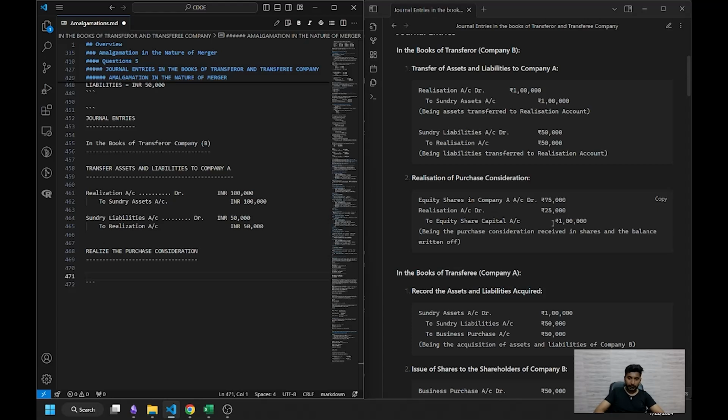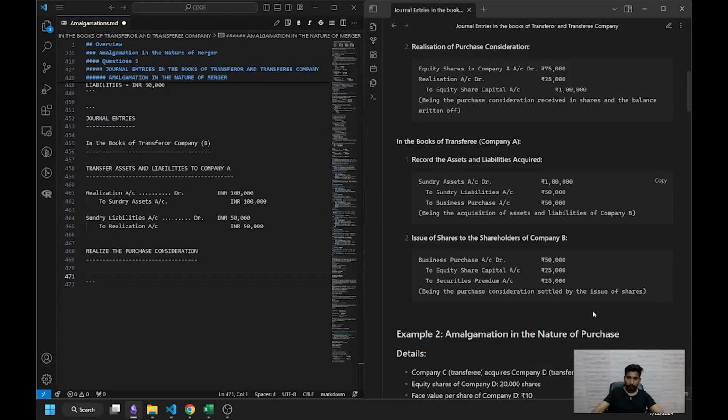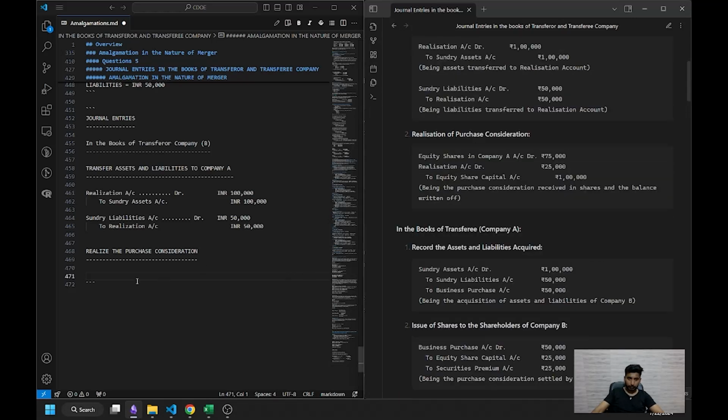Since the company has to issue one for two and the amount is rupees 15 per share, that means if we look at the question, the company A will issue 5,000 shares. And these 5,000 shares will be costing rupees 75,000. Let me break it down for you.